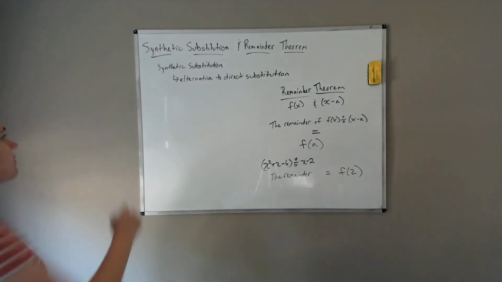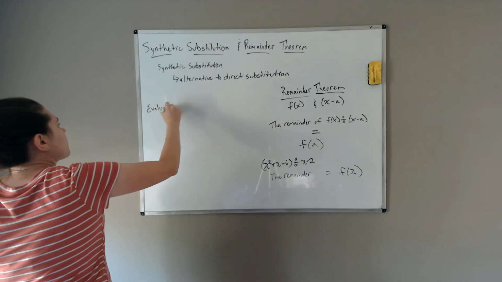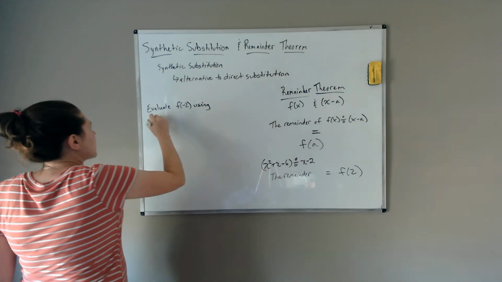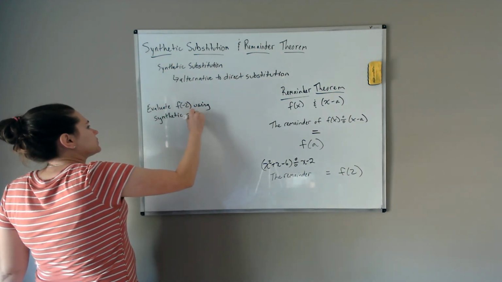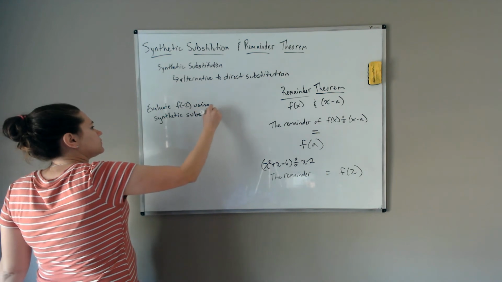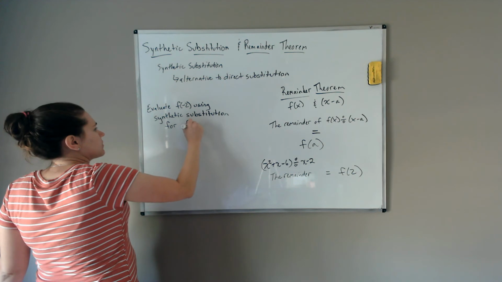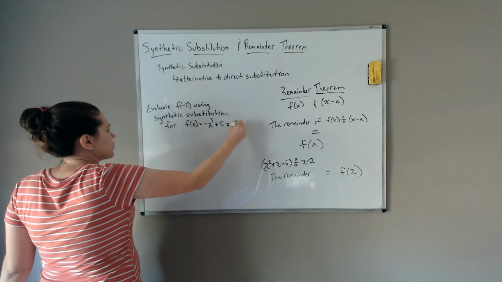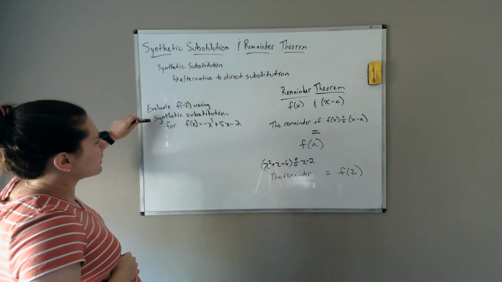So we're going to evaluate f of negative 2 using synthetic substitution, for f of x equals negative x to the third plus 5x minus 2. First off, let's see how we're going to use synthetic substitution.